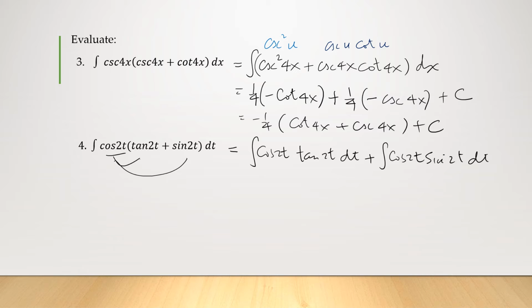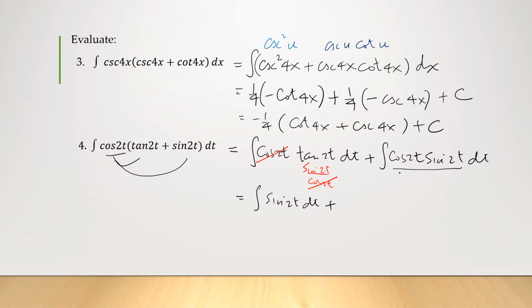Now we know that tangent is sine 2t over cosine 2t. So by doing that, we can cancel cosine 2t. So that simplifies to the integral of sine 2t dt.